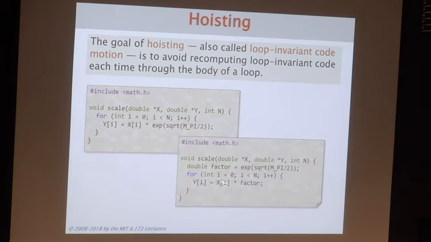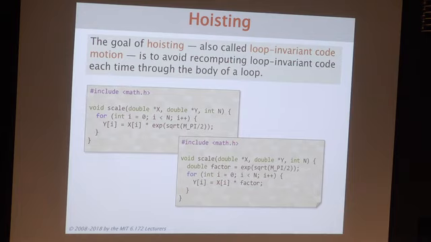Here's a version of the code that does hoisting. I just moved this expression outside of the for loop and stored it in a variable factor. And now inside the for loop, I just have to multiply by factor. I already computed what this expression is. And this can save running time because computing the exponential of the square root of pi over 2 is relatively expensive.